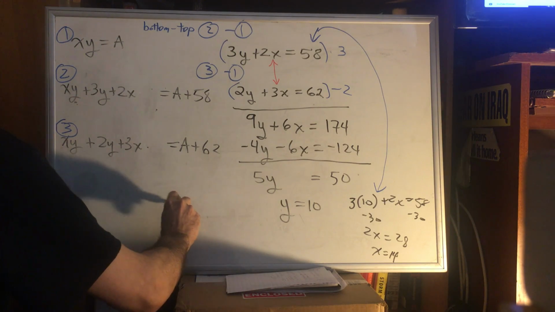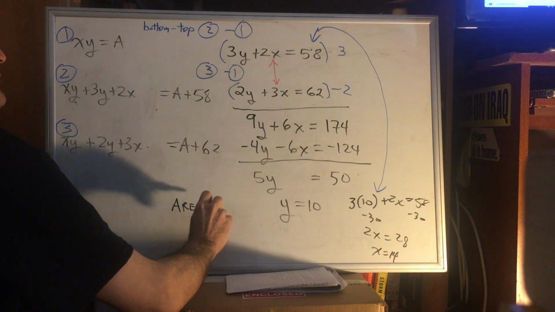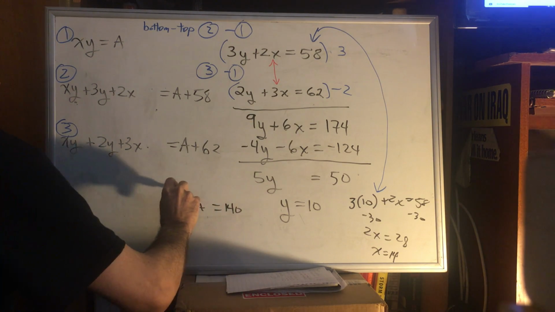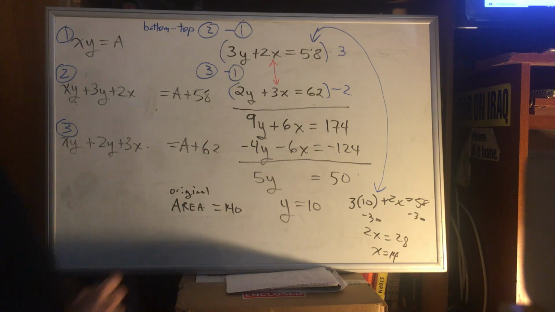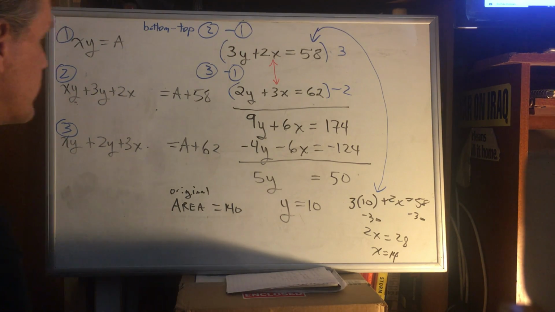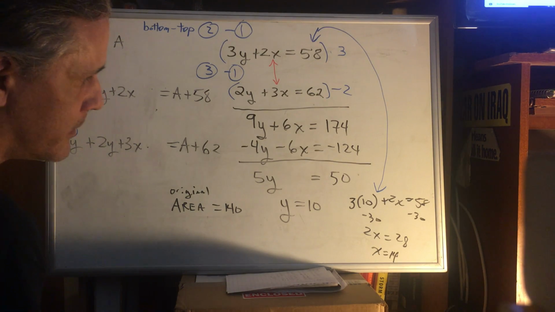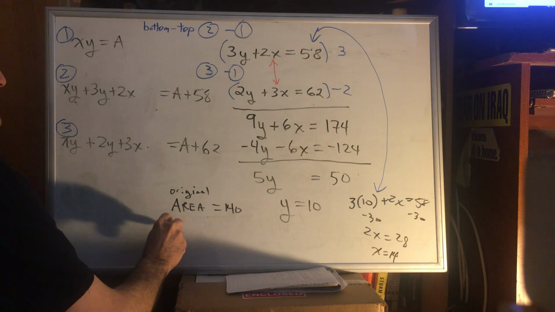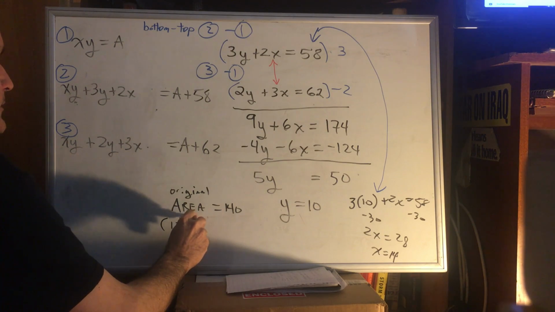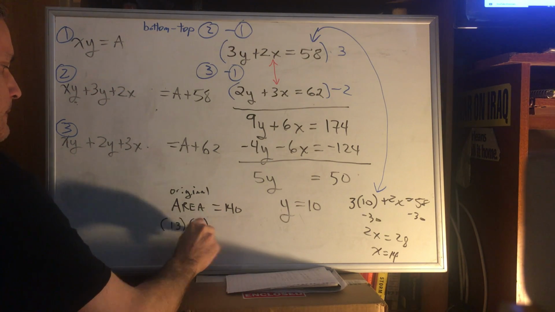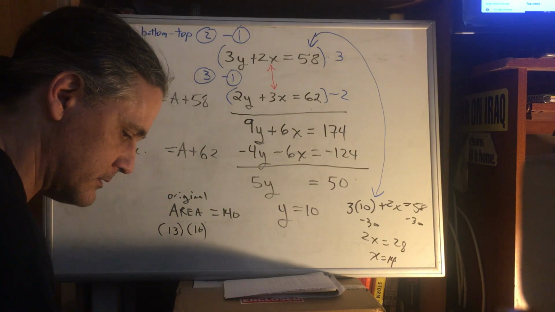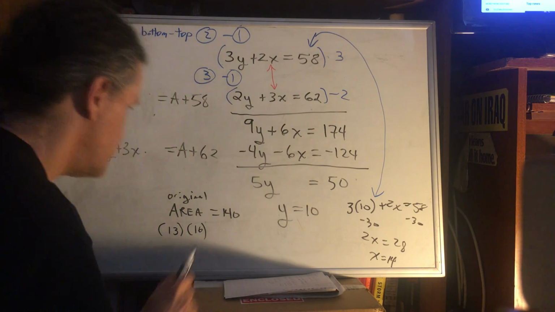Okay, so the original area would have been 140. Okay, and then notice if you increase one by 3 and the other by 2, then you would have had 13 and 16, right? 13 and 16, which is 208.